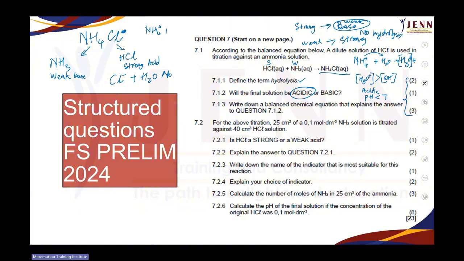Okay, and then they say for the above titration, 25 cm3 of a 0.1 mol/dm3 NH3 solution is titrated against 40 cm3 HCl solution. We fine?